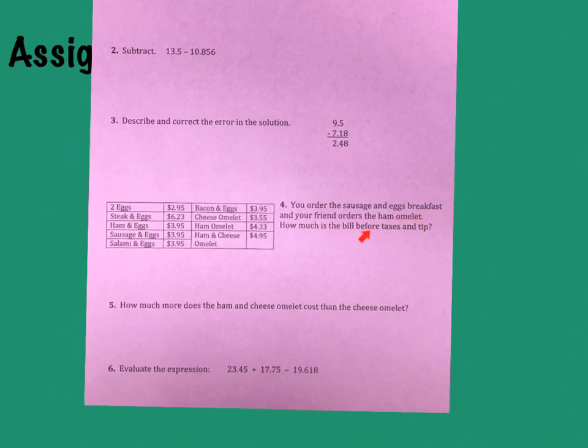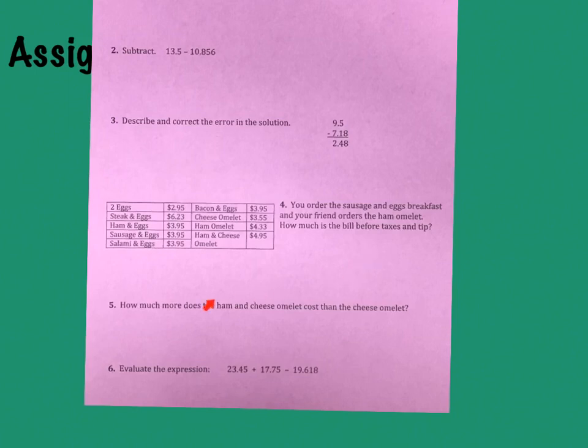How much is the bill before taxes and tip? So it's together. You're trying to find out how much yours and your friend's breakfast is before the tax and tip. So you don't even have to worry about what that is. You just have to take yours and your friend's and put them together. And you should either know that's add or subtract.